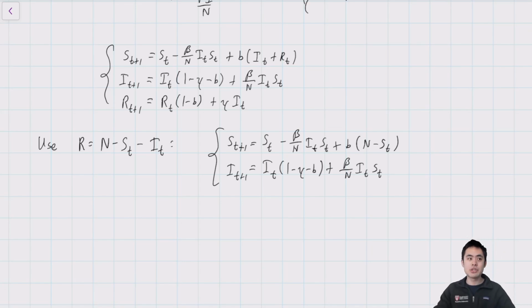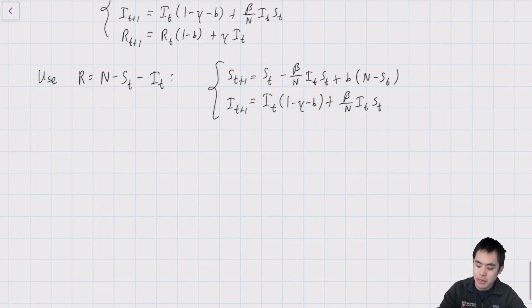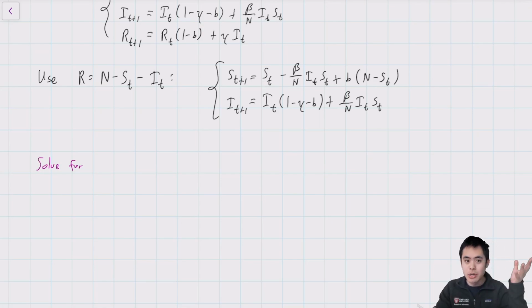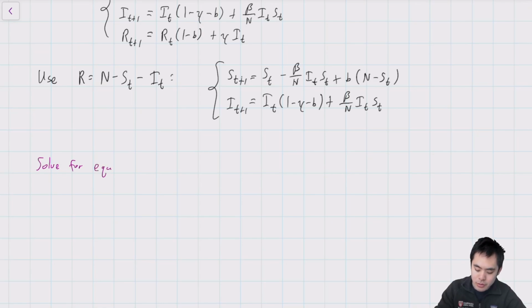Okay, so we again have two equations, and again we can solve for the equilibria by setting the t plus 1 state variables equal to the t state variables. I'm not going to actually solve this by hand, since you know how to do that now. Instead I'm just going to list out the equilibria that you get. First, s bar is equal to n, and I bar is equal to 0.